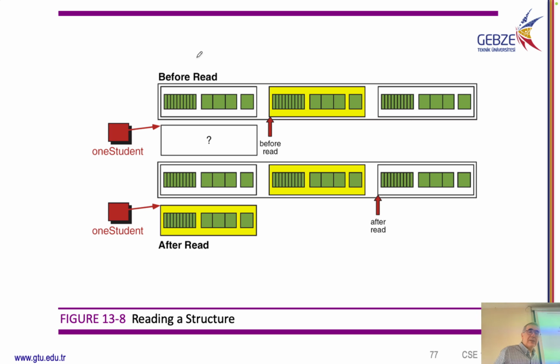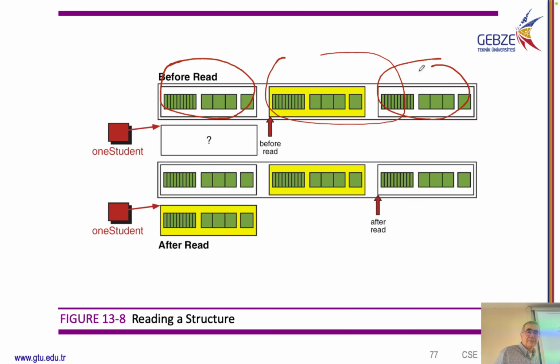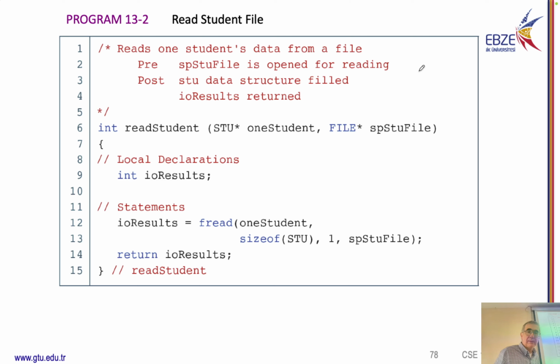So it reads student by student for each record. Size of stu, 1 student. Stu is the structure.